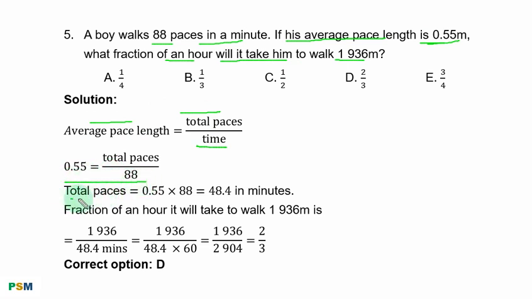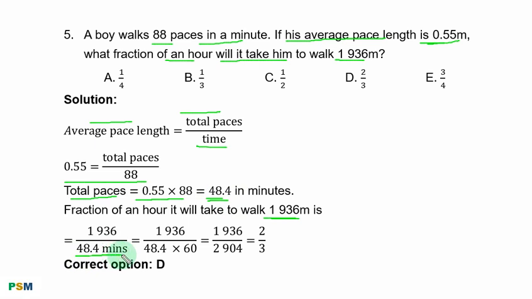So total paces is equal to 0.55 times 88. That is 48.4 in minutes. Fraction of an hour it will take to walk 1,936 meters becomes this given value divided by total paces in this form.